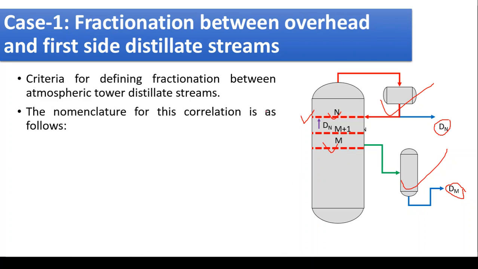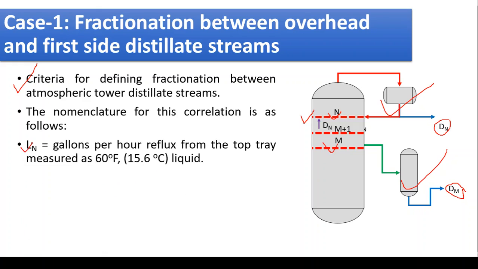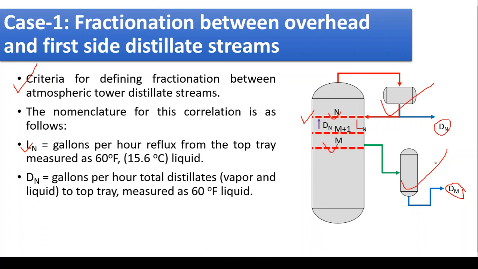The criteria for defining fractionation between the top and the first side product, the nomenclatures, are given here. For example, Ln is the gallons per hour of reflux coming inside the column, and Dn is the gallons of the total distillate.